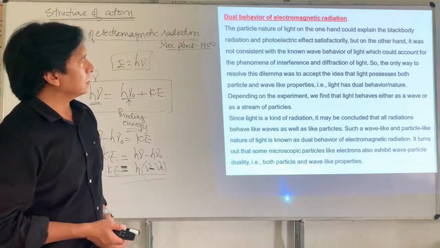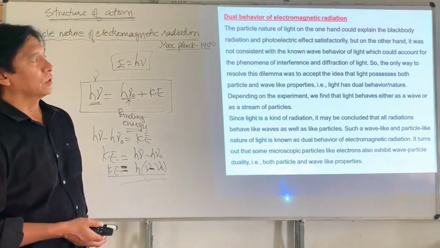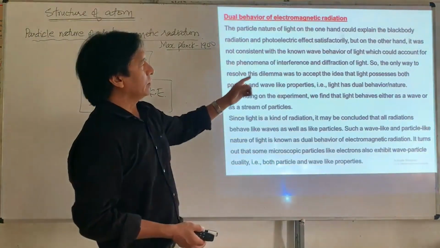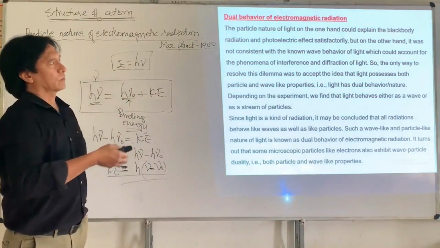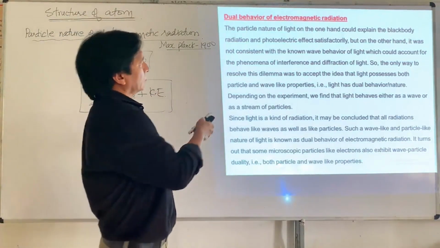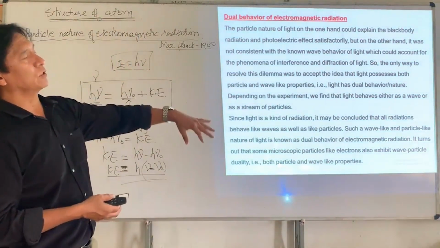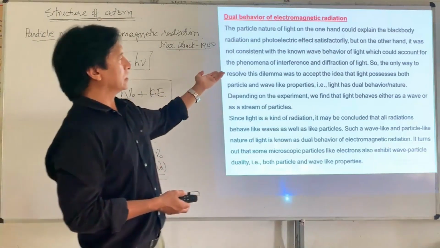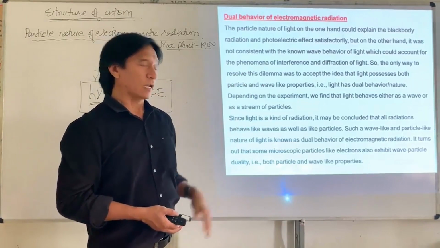But on the other hand, it was not consistent with the known wave behavior of light, which could account for the phenomena of interference and diffraction of light. So this particle nature of light could not explain the wave behavior of light seen in phenomena like interference and diffraction of light.